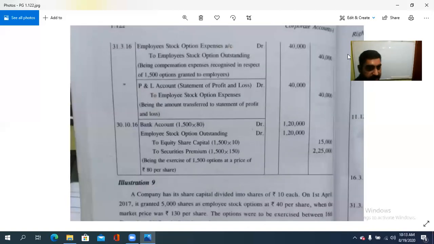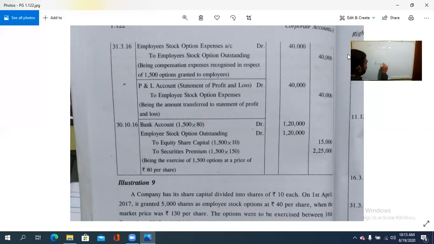So that is the third year, 2016, the same entry: employees stock option expense debit to employees stock option outstanding, same 40,000. Then P&L account debit to employees stock option expense, how much? 40,000.